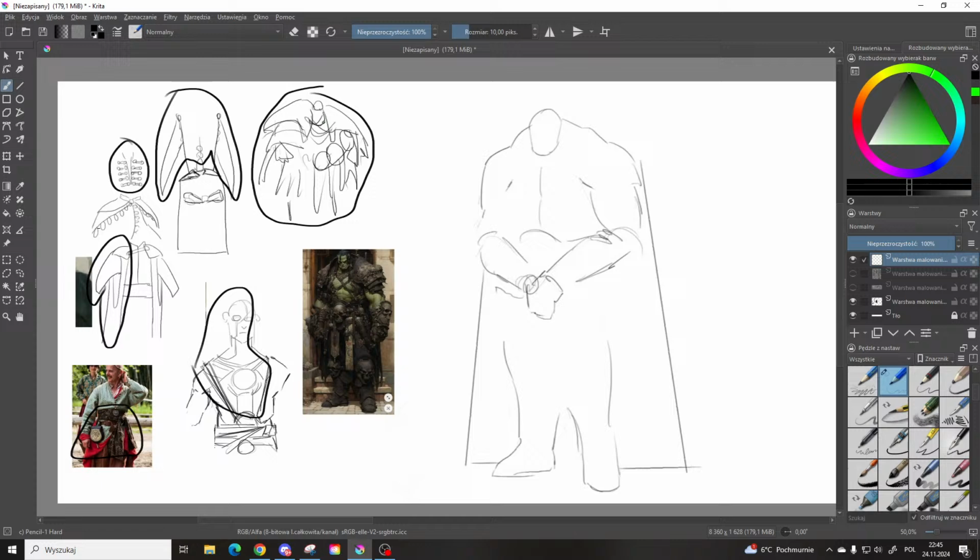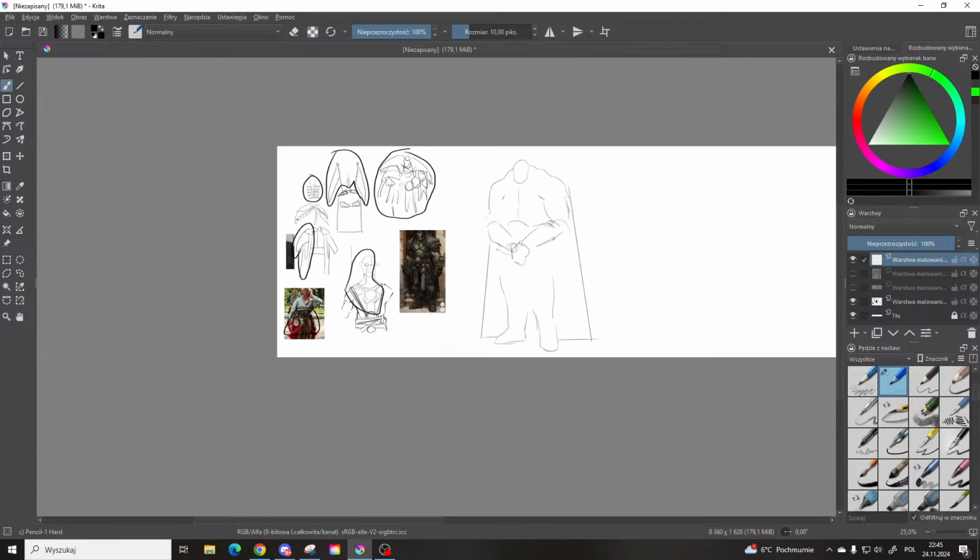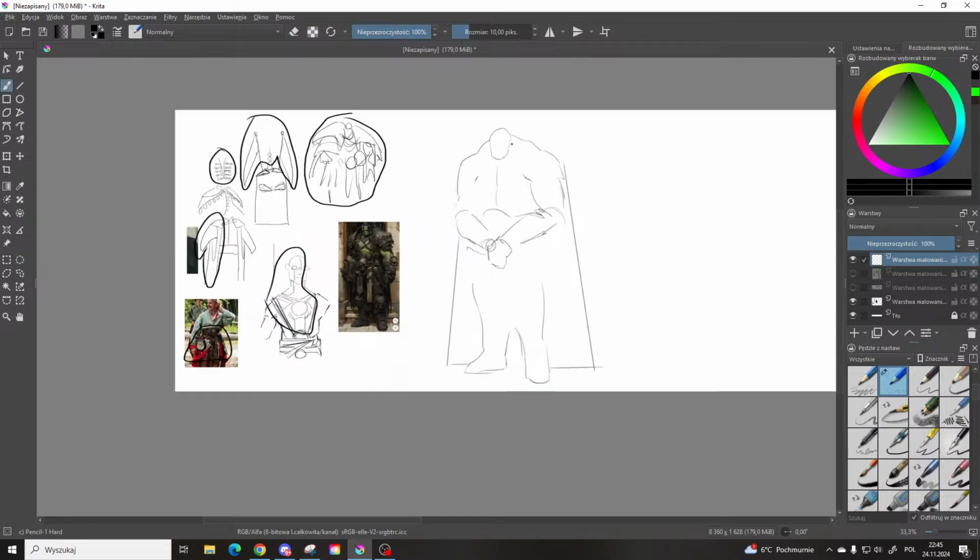Okay, so from here I want these huge triangle-like shapes on his sides.